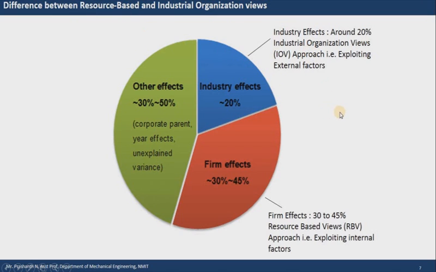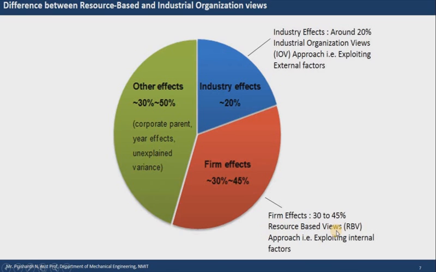If we look at the factors which influence the competitive advantage of a company, then according to some statistics, the firm effects, that is, the resources which are internal to the company, will have an effect of up to 30 to 45% on the competitive advantage of a company. That is exploiting internal factors or internal resources. This is the resource-based view, right?